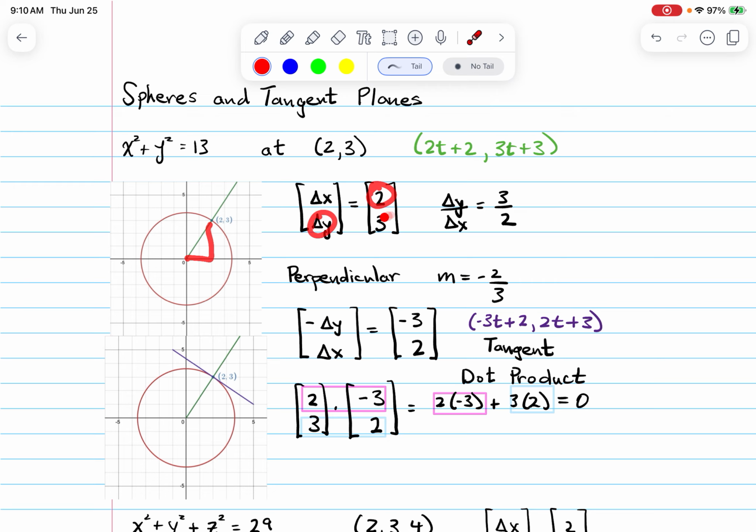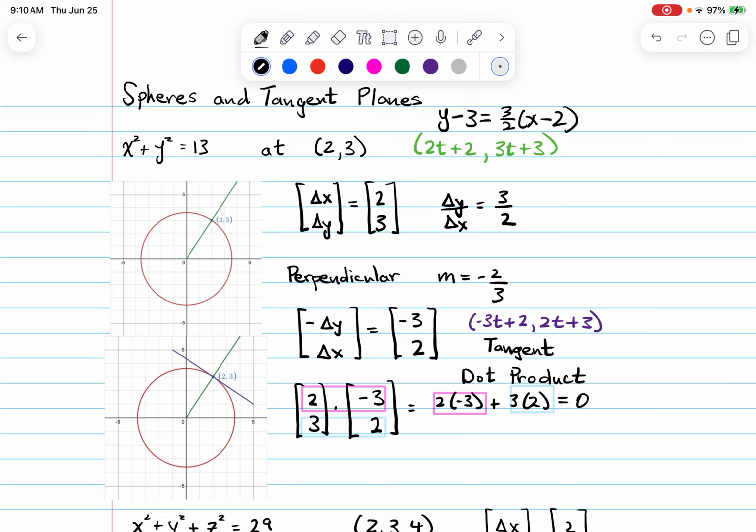And then the delta y is 3. So we have a slope of 3 halves, change in y over the change in x. So we could say y minus 3 equals 3 halves times x minus 2. And that's the point slope form of the line.